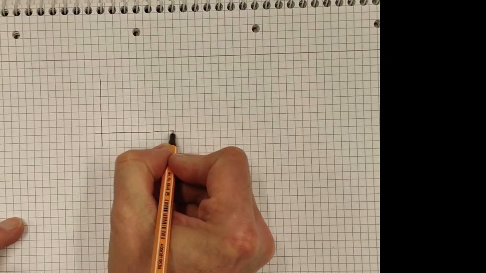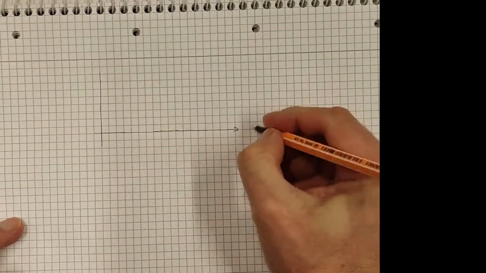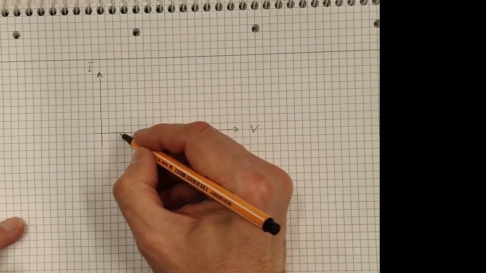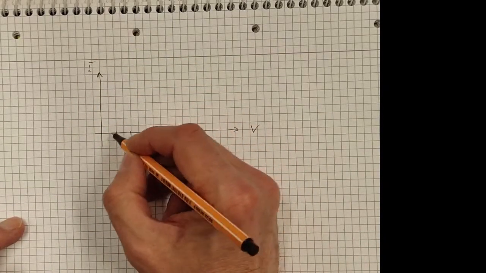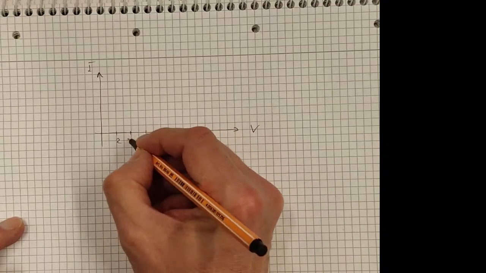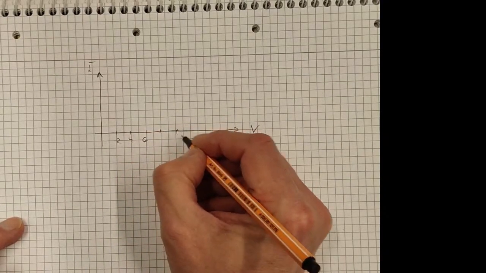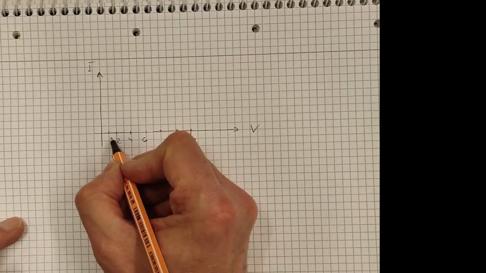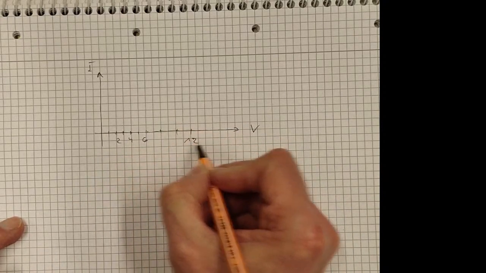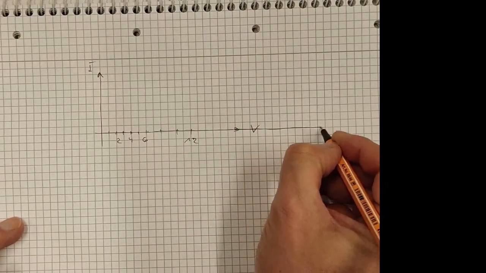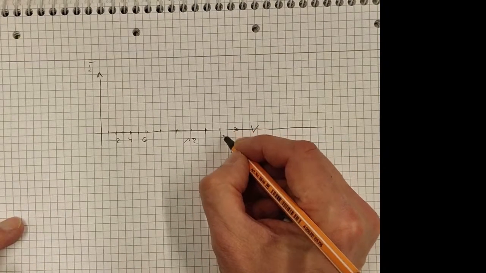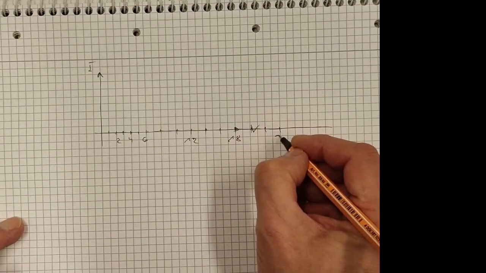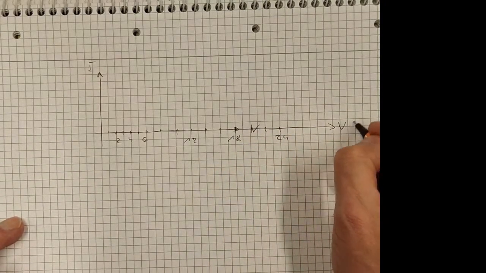So we have here the characteristic curve, V and I. The voltage axis goes 2, 4, 6, up to 24 volts, this is the voltage in volt.